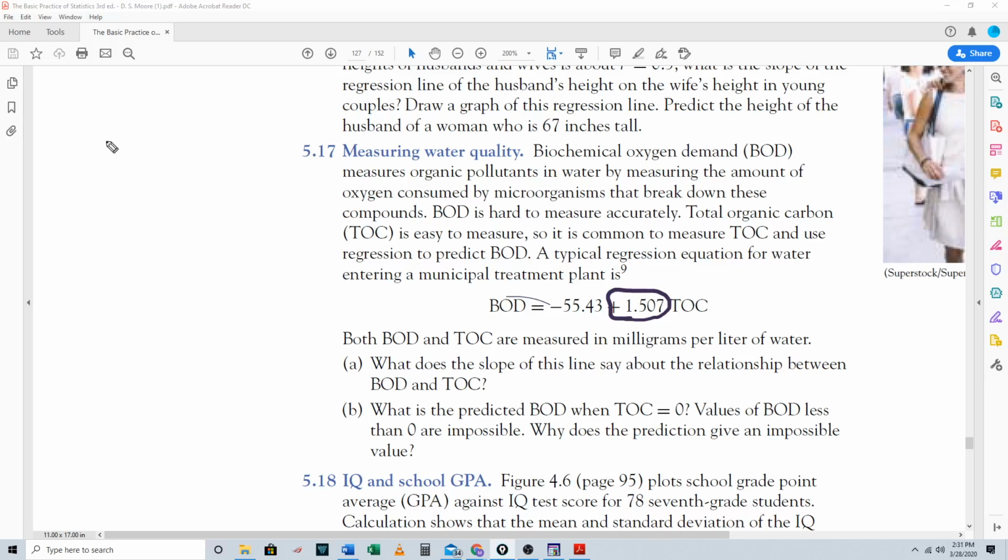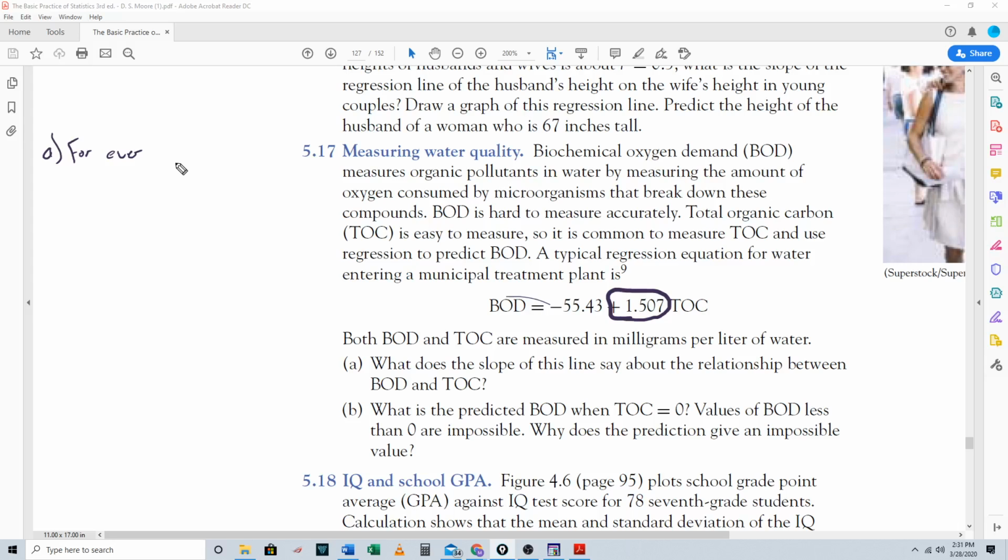So what the slope says, this is part A, for every increase, well, let's say change, you really want to use the word change. For every, and they go by what? They said it goes by milligrams per liter of water, okay?